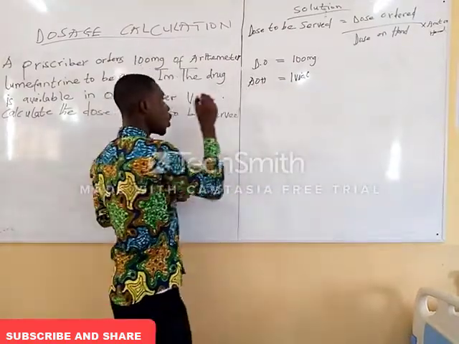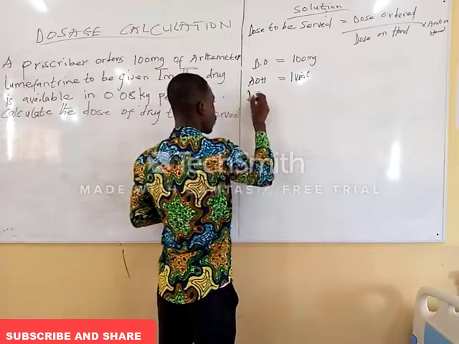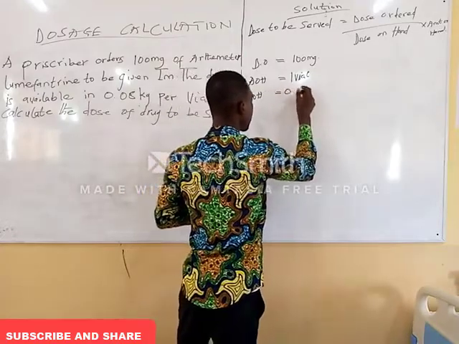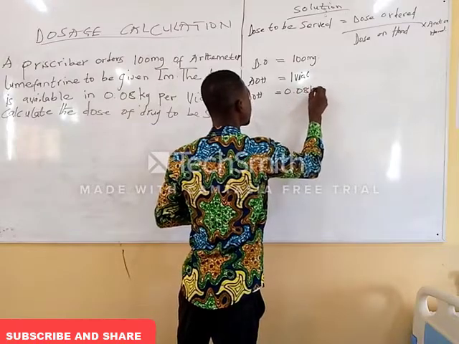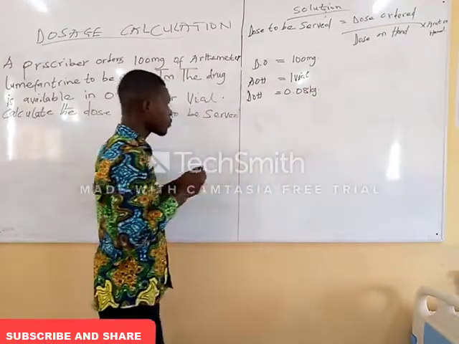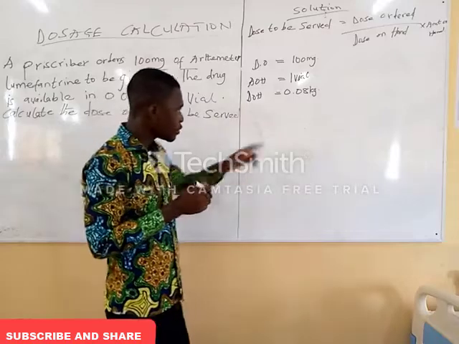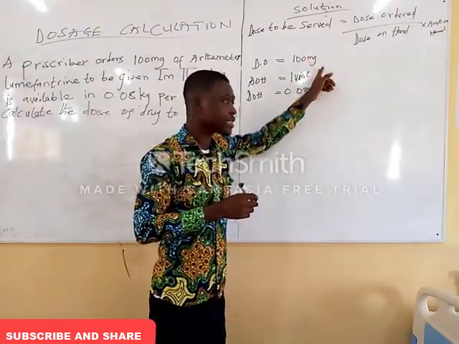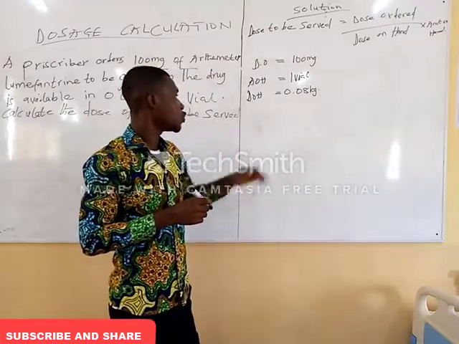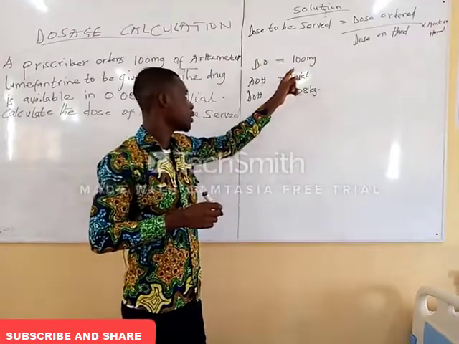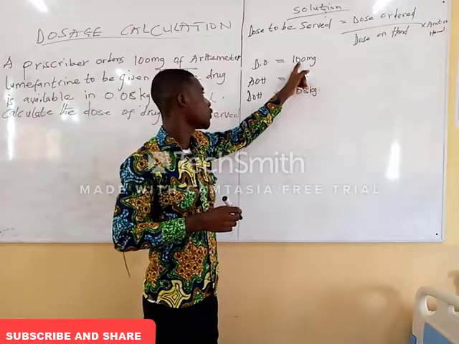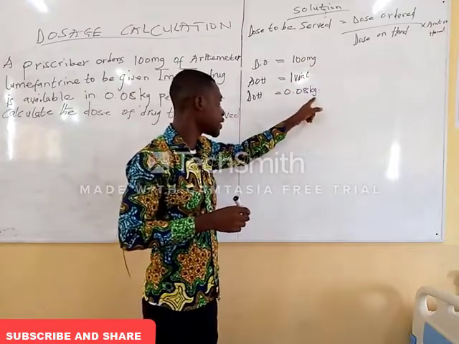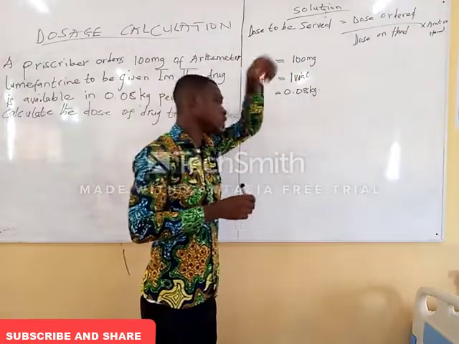And then the dose on hand is equal to 0.08 kg. You see here, the unit here is different from the unit here. So you need to convert either this one to kg or the kg to mg.